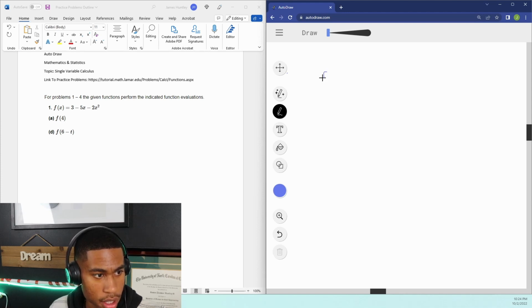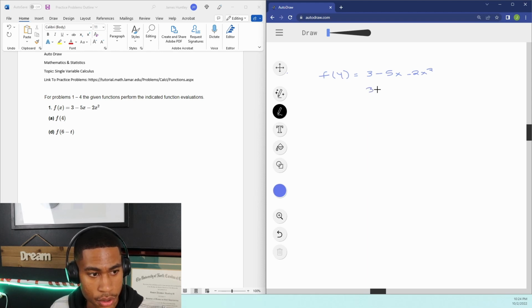So we're looking at f of 4 is equal to 3 minus 5x minus 2x squared. We're literally going to plug in 4 every time that we see an x value.